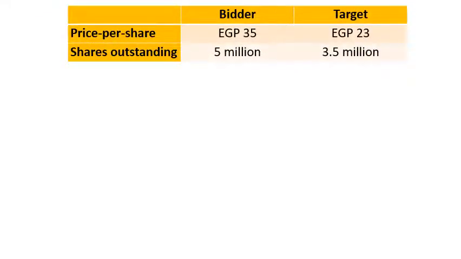Recall the given data about price per share and the number of shares outstanding for both the bidder and the target companies. Price per share of the bidder is 35 Egyptian pounds per share, and the bidder has 5 million shares outstanding, while the target company has 3.5 million shares that are currently traded at 23 Egyptian pounds per share.